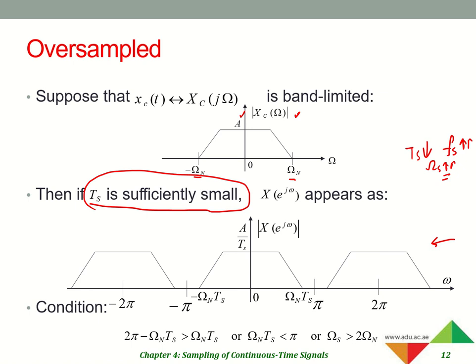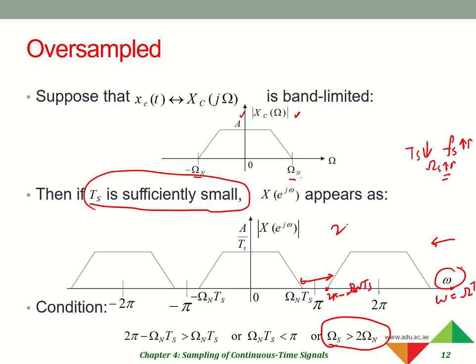Here we know that this is 2 pi minus omega n, times Ts, because this is in the omega domain, so omega is the discrete time frequency times Ts. In this case we have this guard band here. Why? Because our sampling frequency was greater than 2 times omega n.